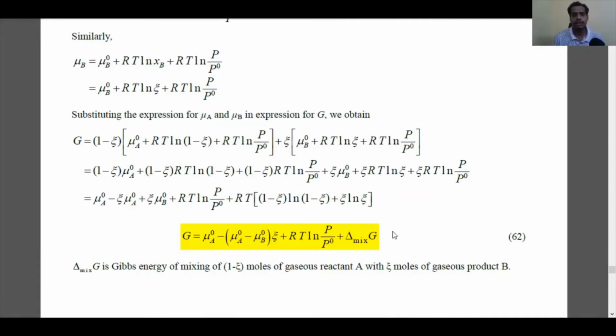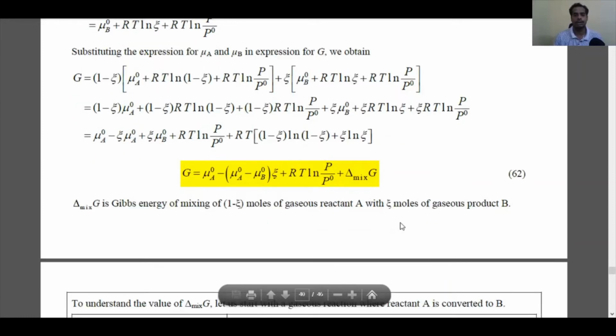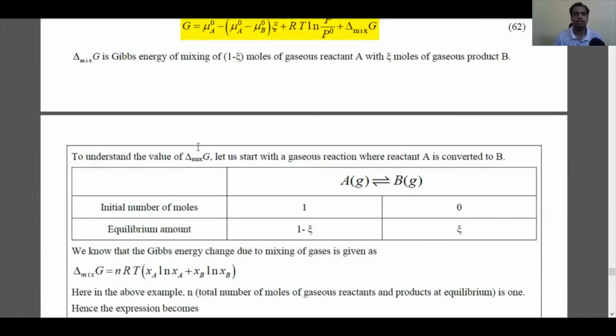How this Gibbs energy of mixing is obtained, I'll just illustrate. It is obtained due to mixing of 1 minus xi moles of gaseous reactant A with xi moles of gaseous product B. Again, this reaction is A going to B. We started with 1 mole, 0 mole. Then at equilibrium we are left with 1 minus xi mole and xi mole.